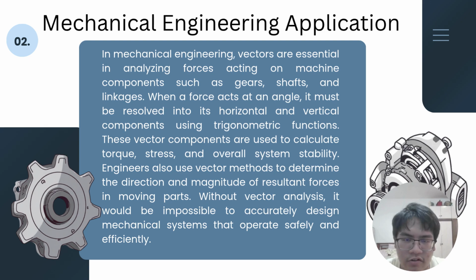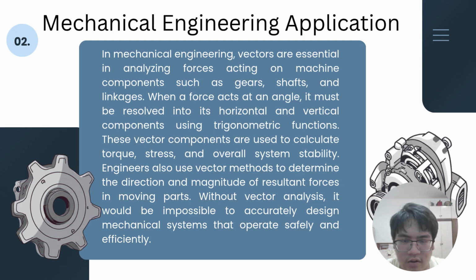In mechanical engineering, vectors are essential in analyzing force acting on machine components such as gears, shafts, and linkages. When a force acts at an angle, it must be resolved into its horizontal and vertical components using trigonometric functions.